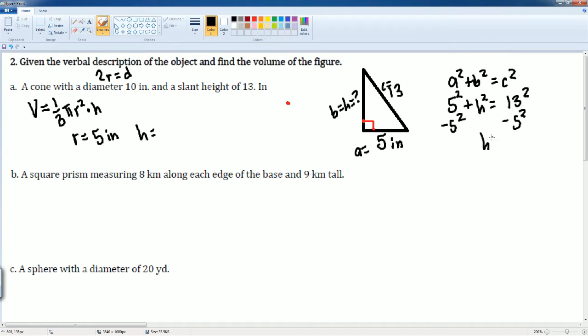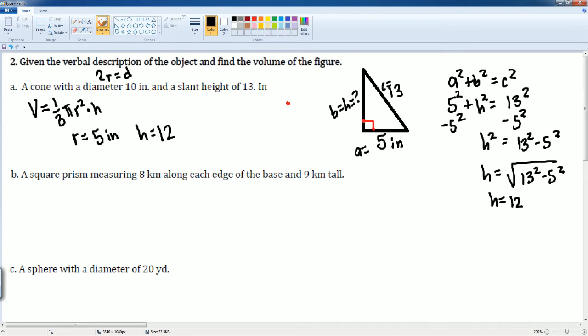This leaves you with height squared is equal to 13 squared minus 5 squared. Square root it, so h is equal to the square root of 13 squared minus 5 squared. Now you can find a value for it. Here the number comes out neat. H does become 12. It's plus or minus 12, but these are physical heights, so we only take the positive value here.